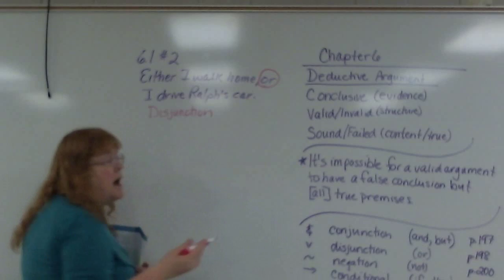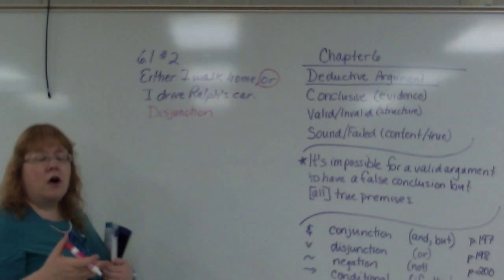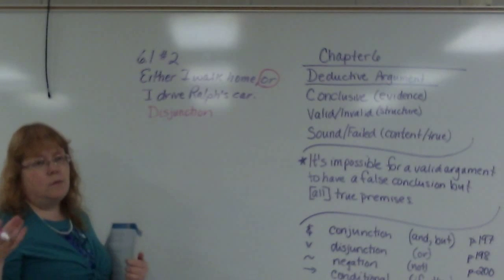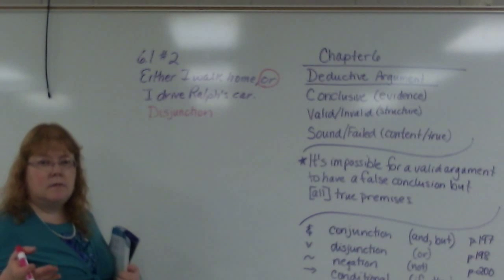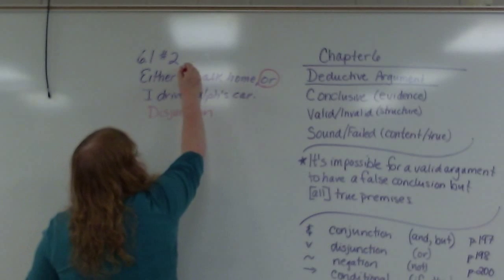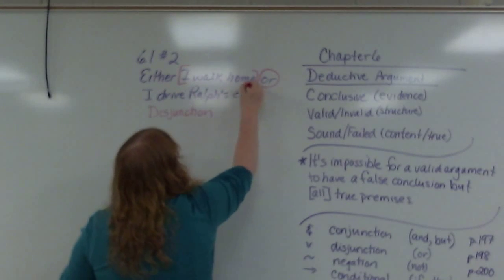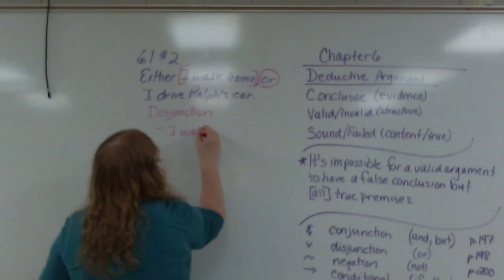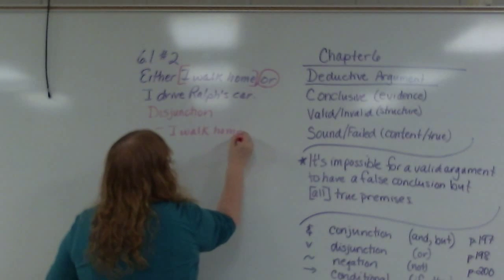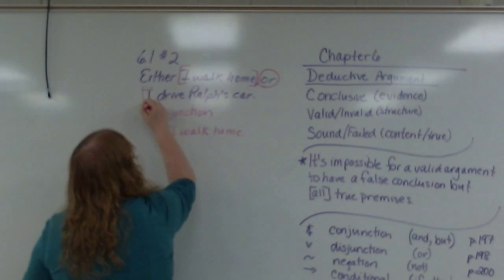My component parts are the elements of the sentence that give me the relationship. The first element is I walk home. The second element is I drive Ralph's car.